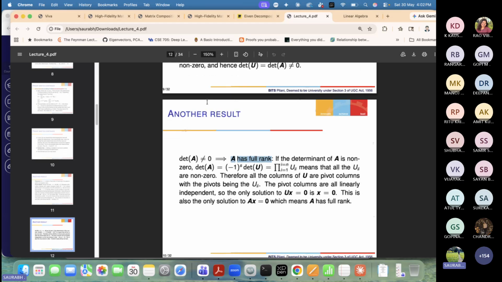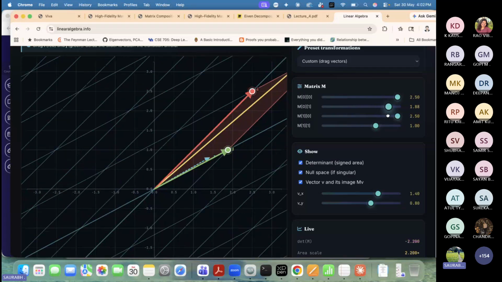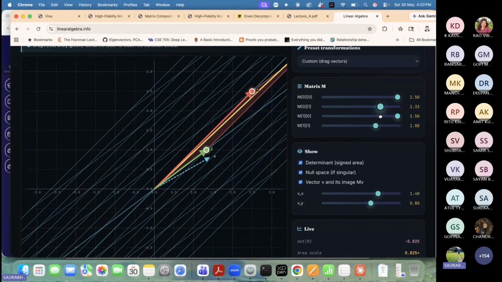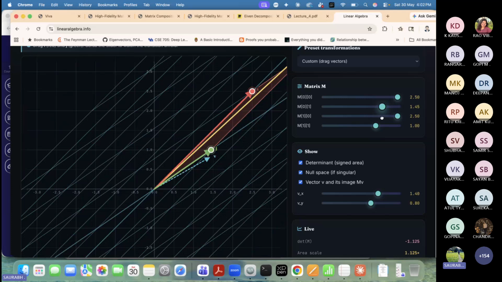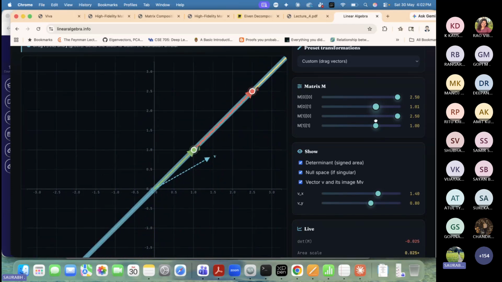If you think about it, you have these types of transformations. Let's say your matrix does all the transformation such that the space collapses. Right now you see that the space has collapsed almost to one dimension. You had a two-dimensional space, but now it has collapsed. Think of why the space has collapsed.